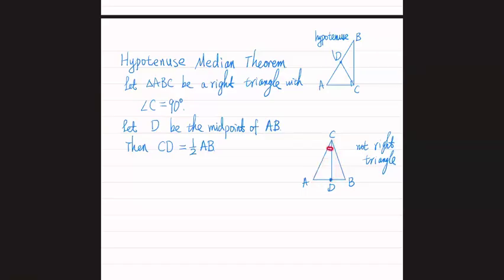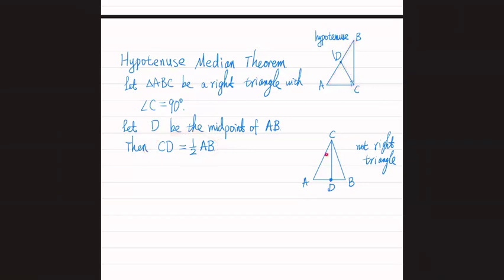The point here is this angle is not a right angle, and CD is not half of AB. In this particular case, CD is even longer than AD, not to mention AB. If we're in a right triangle, we have this property.